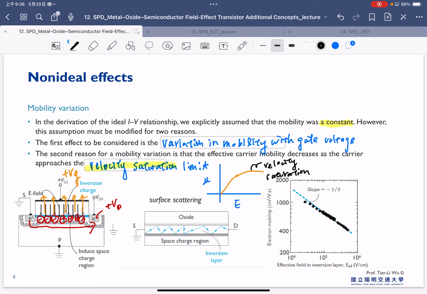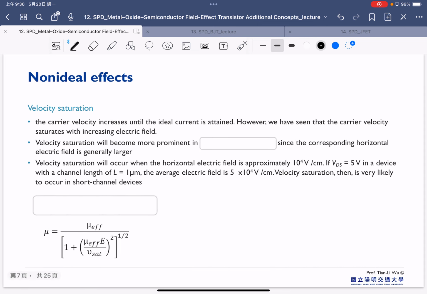In the next slide, we will talk a little bit more about velocity saturation. The carrier velocity increases until the ideal current is attained. However, we have seen that the carrier velocity saturates with increasing electric field.